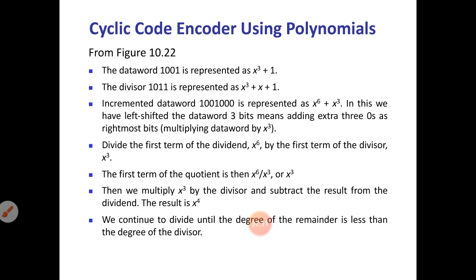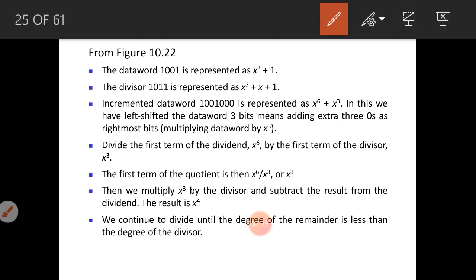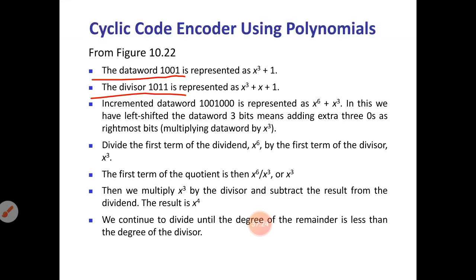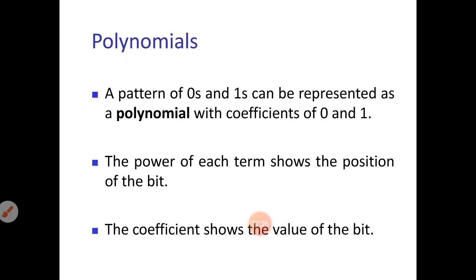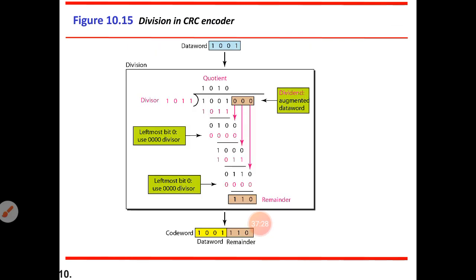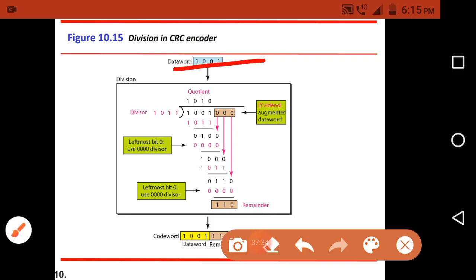How do we need to do it here? In the previous diagram we saw the data word, that is 1001, and the divisor 1011. So that we will see here. Here the data word is 1001, and the divisor is 1011.